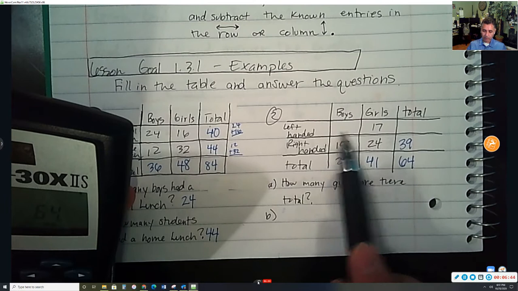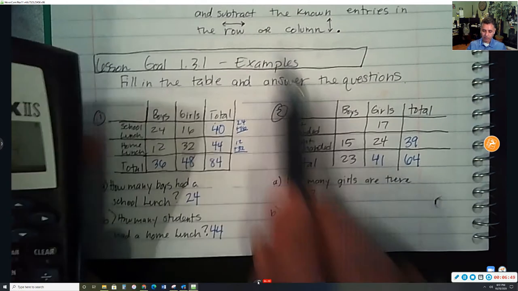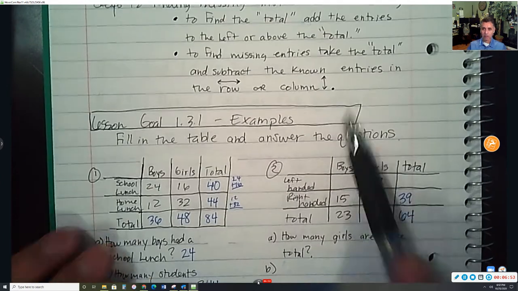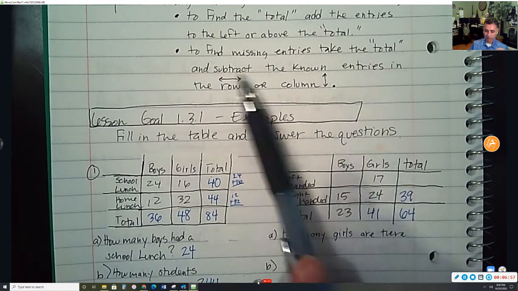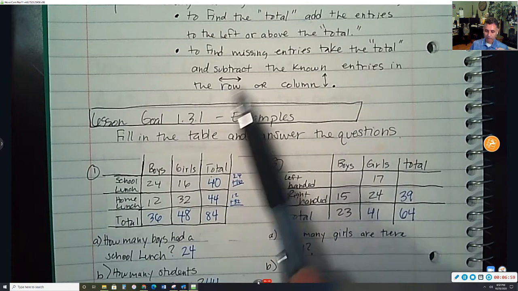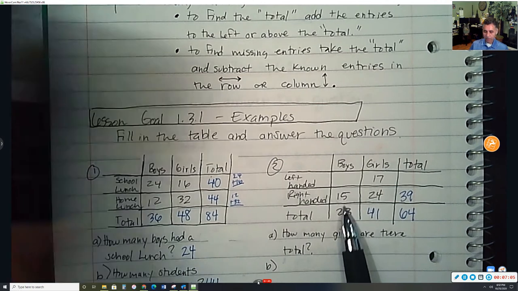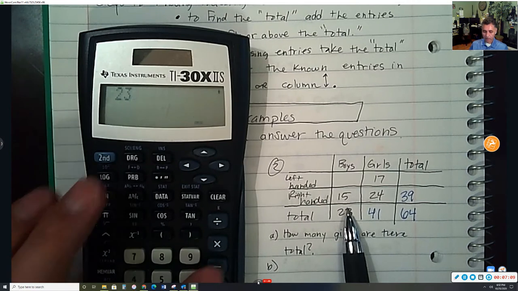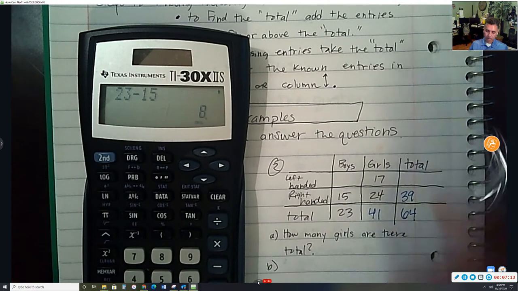So far I just added to find the totals. Now to find this one that's missing, we have to take the total. See, it says up here, take the total and subtract the known entries in the row or column. So I'm going to take the total and subtract anything that's in here. Watch. 23 is the total, and then minus this one. So that's 8.